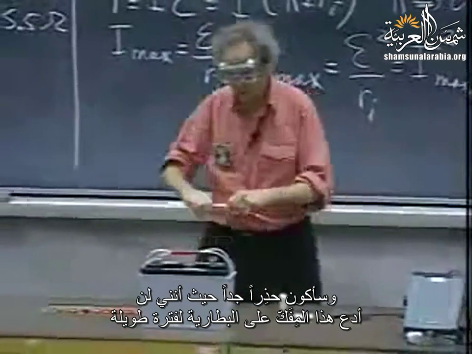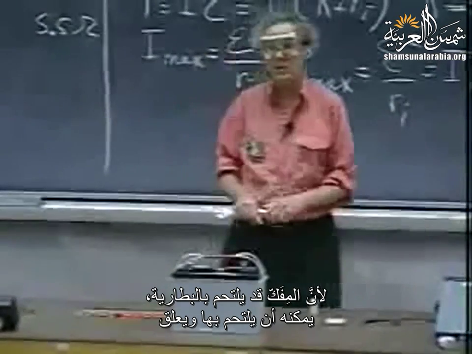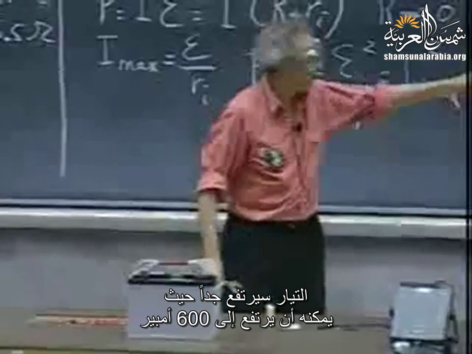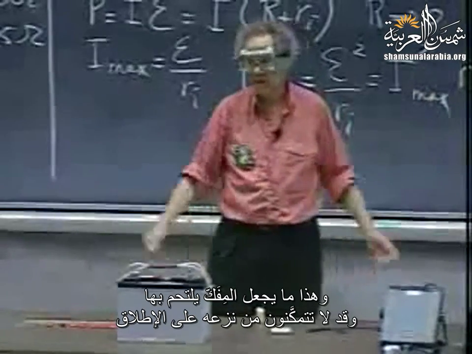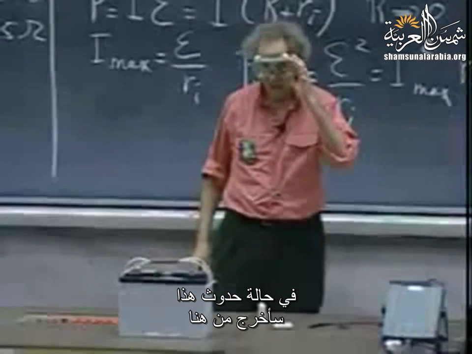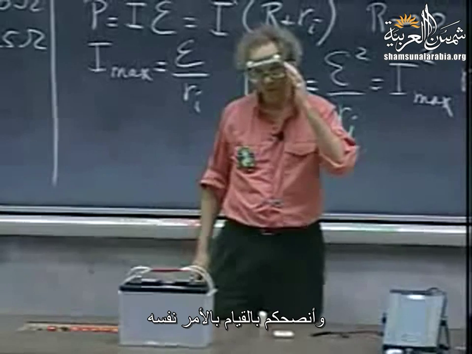I will be very careful not to hold on this wrench too long, because it would weld onto it, actually. The current is so high, it can go up to 600 amperes, that it can weld onto it, and then you can't get it off anymore. In case that happens, I will walk out of here. And I advise you to do the same.